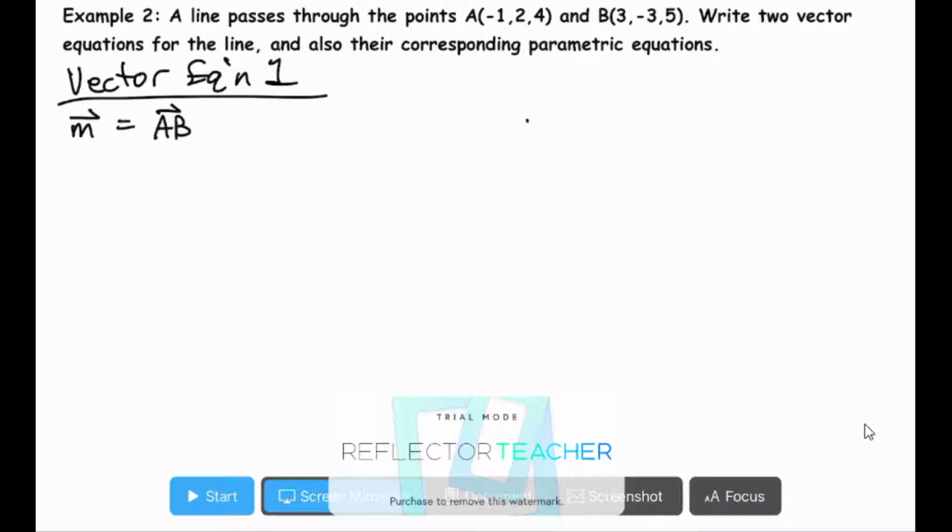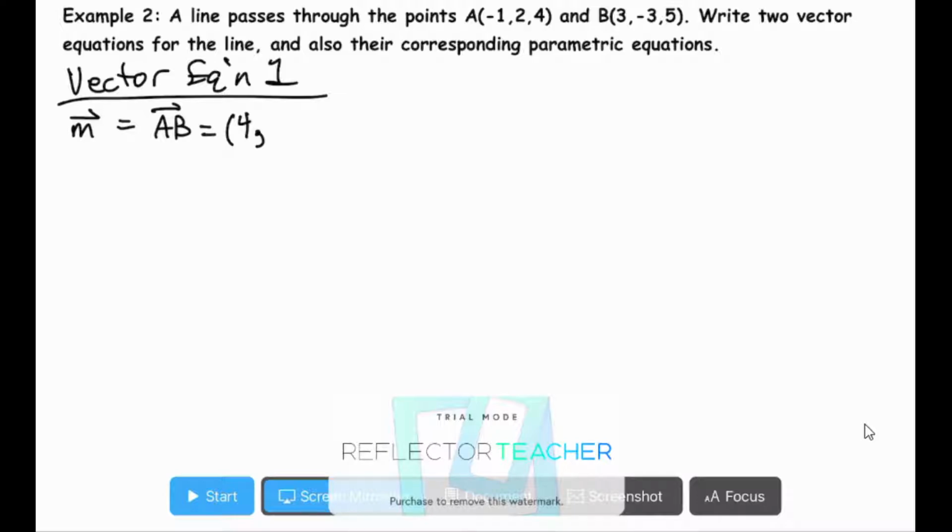So let's find those values. Find the difference in x's. So 3 minus -1 is 4. I'm not showing my work now because we've done this a number of times. -3 minus 2 is -5. And 5 minus 4 is 1.